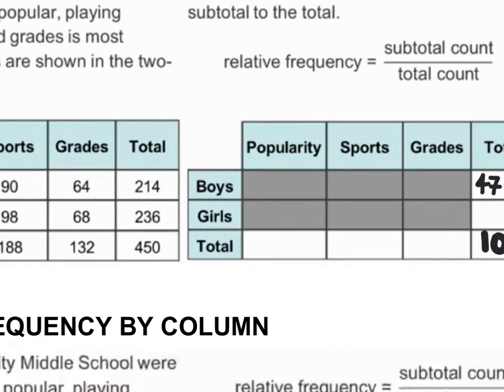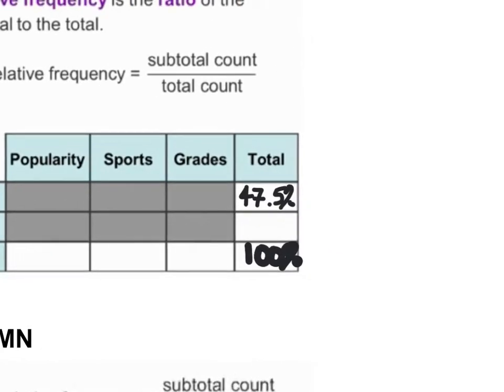That gives me 52.5%. Now the cool thing is if you take 47.5 and add 52.5, that should give you 100, okay? Your percents should add to 100 here.